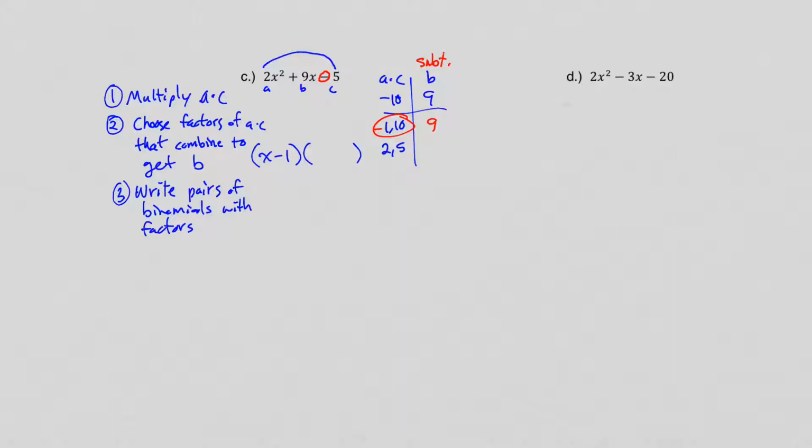So there's my first factor, x minus 1, x plus 10. So the next step would be to divide by A. So in this case, that would be 2. I'm going to divide by the 2. That's going to create whole numbers right here.